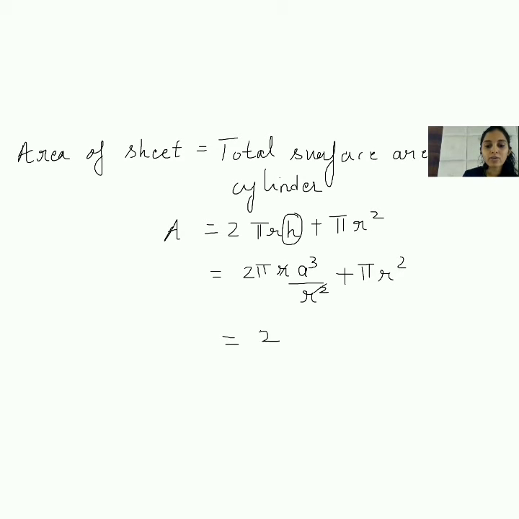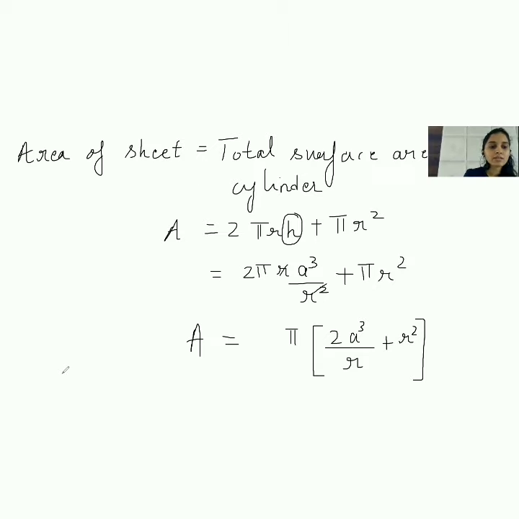We have pi common, and then we have 2a cube by r plus r square in our bracket. Is that correct? Sorry, 2 is not common, so this will come off. Yes, pi common and 2a cube upon r plus r square is left in the area.